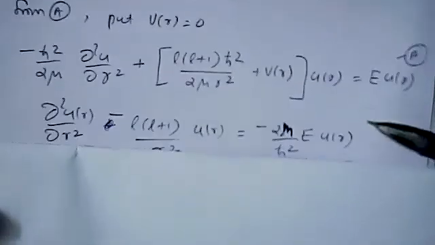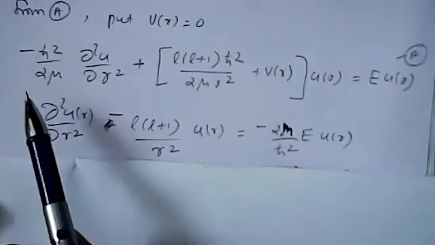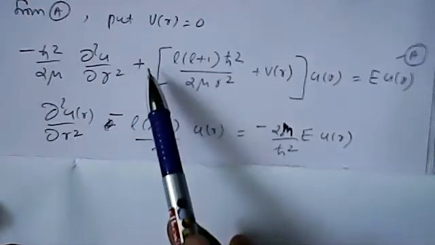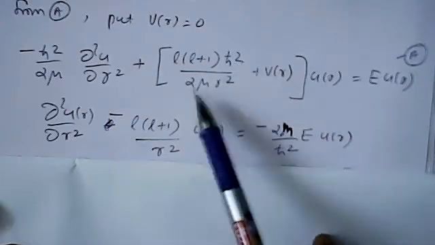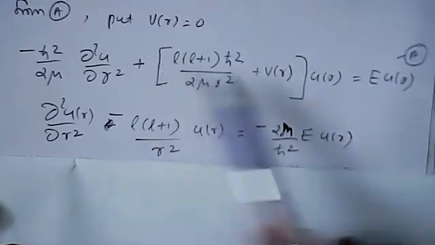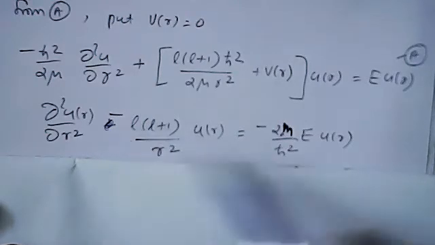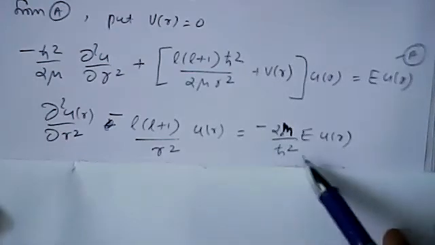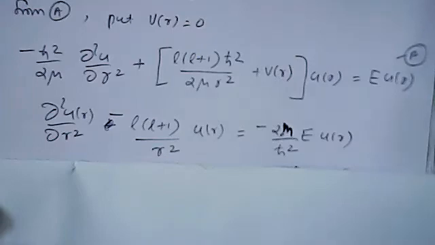So the equation becomes, and you multiply with minus 2 mu by h cross square throughout. So here it becomes 1. Here this becomes 0. Here h cross square by 2 mu is there, so that also cancels, and a minus sign will come here. Then equal to minus 2 mu by h cross square, what we multiplied, into E into u of r.